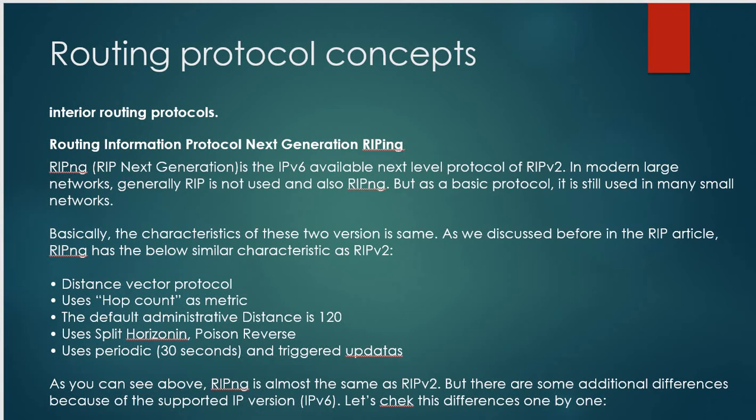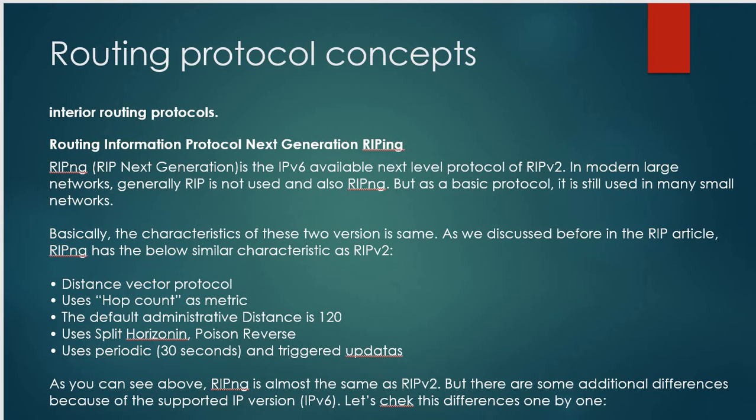So RIPng, next generation, is compatible with IP version 6. In modern large networks, generally RIP is not used, and also RIPng, but as a basic protocol, it is still used in many small networks.